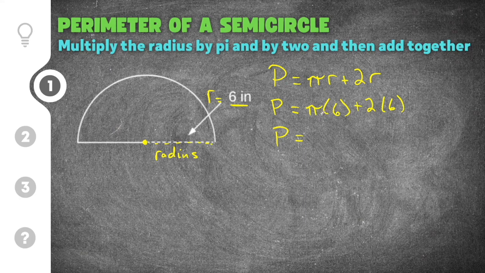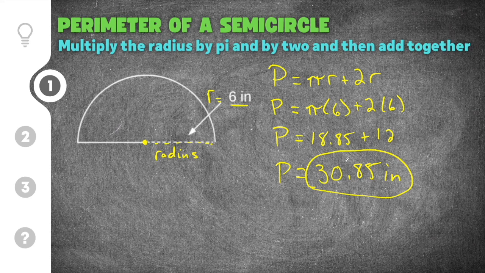So we're going to do pi times 6, and we'll get 18.85 plus 2 times 6, which is 12. You have to do multiplication before you do addition. And then to get the final answer, you're going to add those two products together. I'm going to do 18.85 plus 12, and we will get 30.85 inches because that's our unit, and this will be the perimeter of this semicircle.